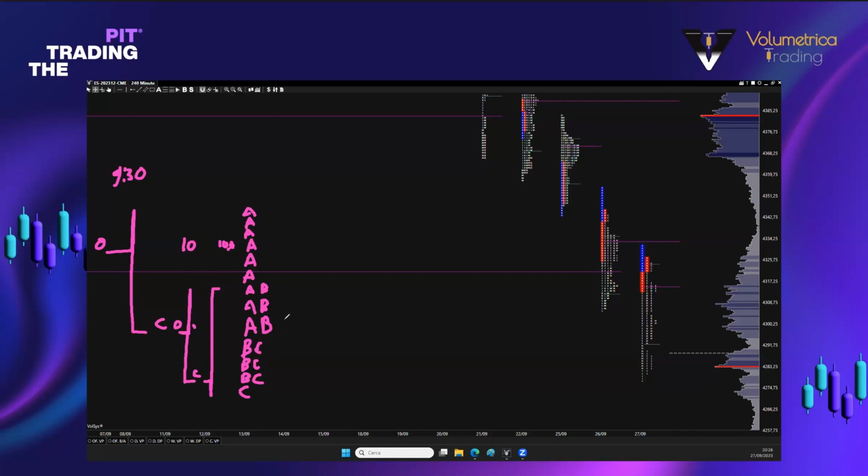Here it would overlap two previous prints because those prices have been traded by two previous prints, and I will just close here. Then a new candle opens, and maybe we will have a D going up. We will have something like that, okay, and so on for the entire day.